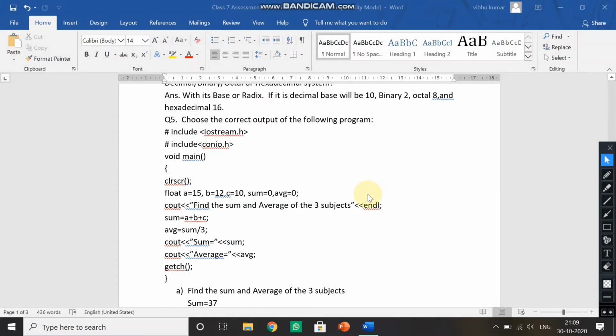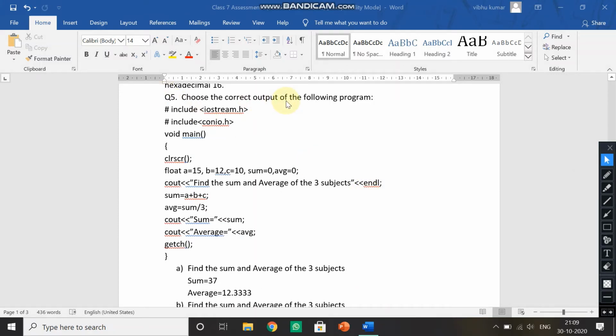Now next, choose the correct output of the following program. It was a very easy program of finding the average and sum of the given numbers. Here you can see it is written float. In the declaration line, the data is defined as the float data type. So A is equal to 15, B is equal to 12, C is equal to 10.